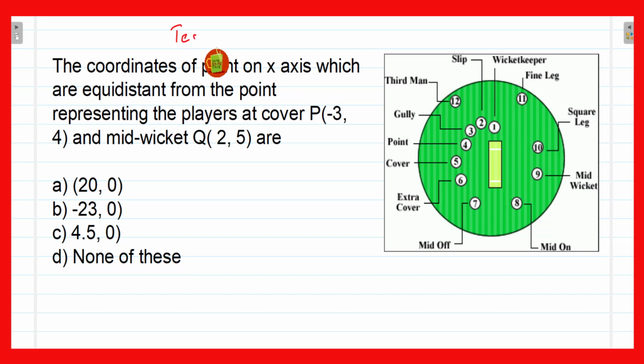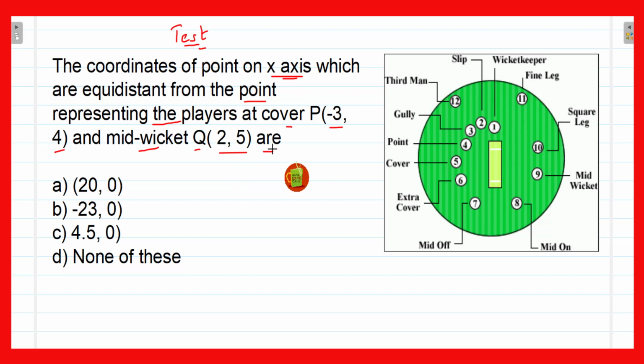So test yourself by giving the answer, the correct option of this question, in the description box. The coordinates of the point on x-axis which are equidistant from the point representing the player at cover, whose coordinates are (minus 3, 4), and mid-wicket, that is Q point, whose coordinates are (2, 5), are.